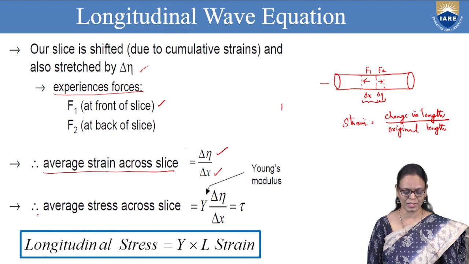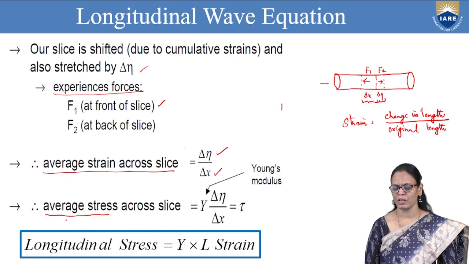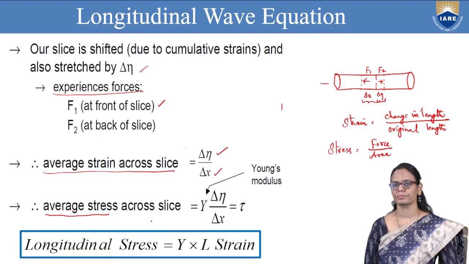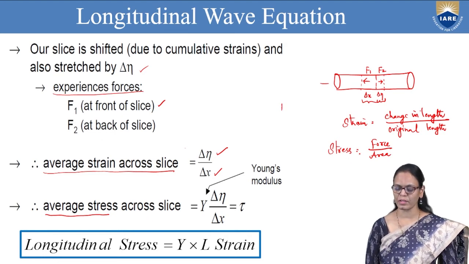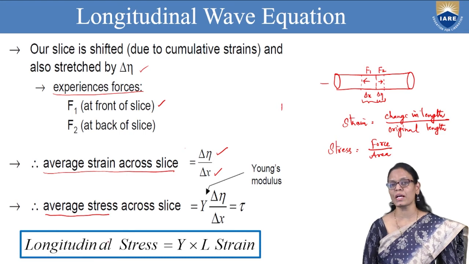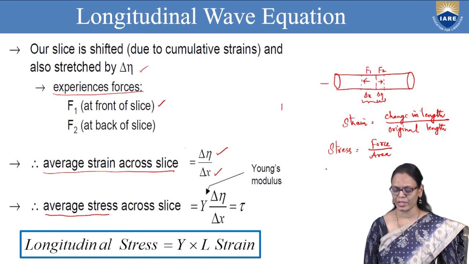Now what is the stress? We have also seen the formula for stress. Stress is equal to force upon area. Now we want to write the stress. What is longitudinal stress given by?